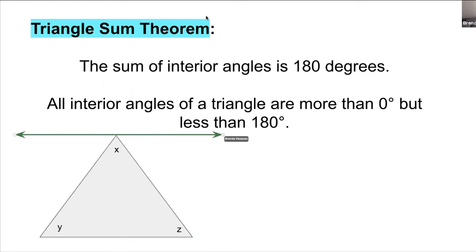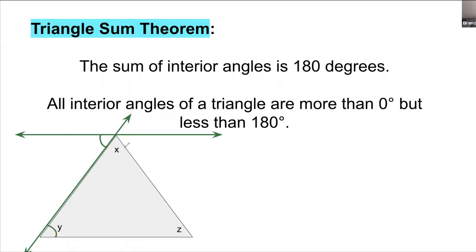And we were able to see that if we created another line that goes directly through the side where angle y and angle x are, by alternate interior angles, these two were congruent to each other.